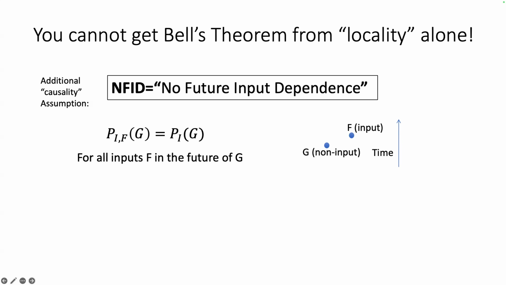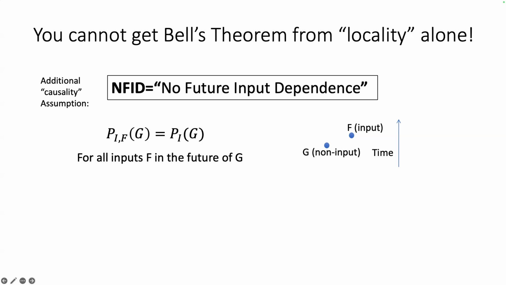If I recalculate it for a different setting, I should get the same value here. This is basically saying that what I do in the future, my settings in the future, shouldn't have any impact on what these parameters are in the past. And that also seemed like a reasonable assumption to make.